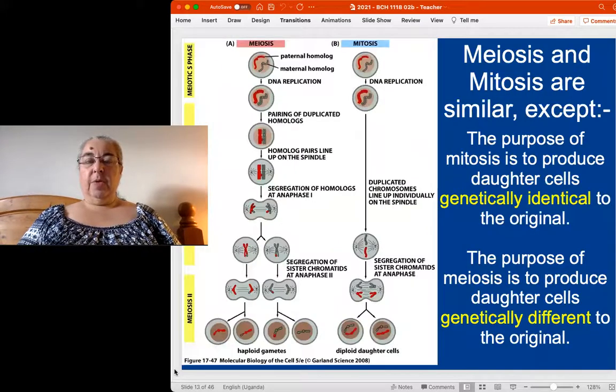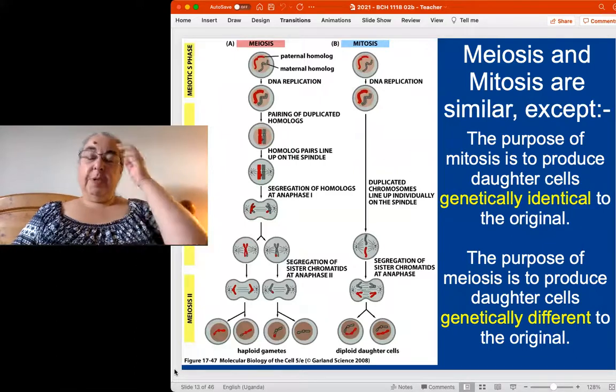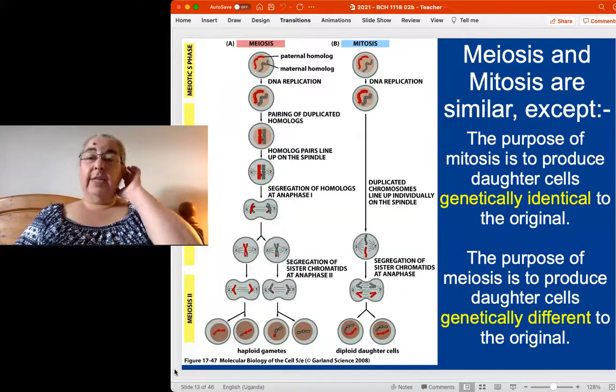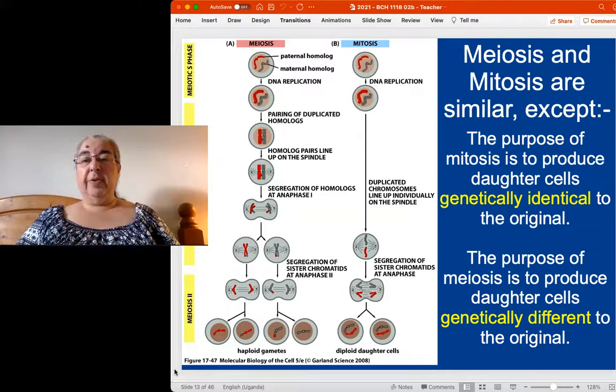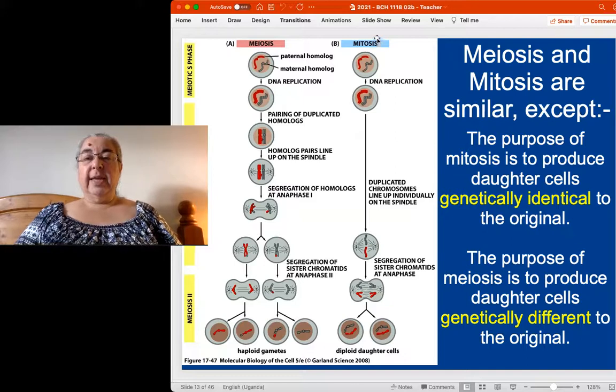Okay, so the other difference between meiosis and mitosis is that they have an opposite purpose, if you like. The purpose of mitosis is to make sure that the cells that are produced at the end are genetically identical to the original, that they have exactly the same genetic information.